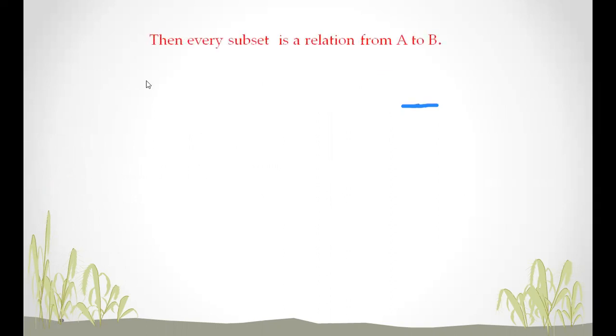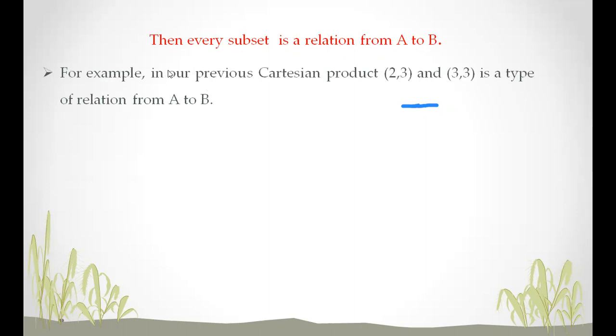So we see the definition of relation. Every subset of a Cartesian product is a relation from A to B. We defined Cartesian product in our previous slides, and now we say every subset of that Cartesian product is a relation from A to B. Let's see some examples.